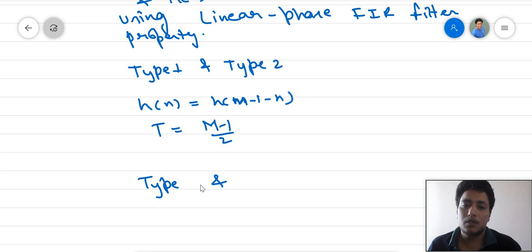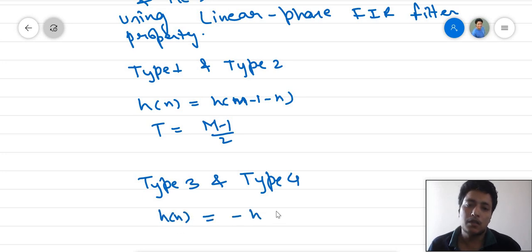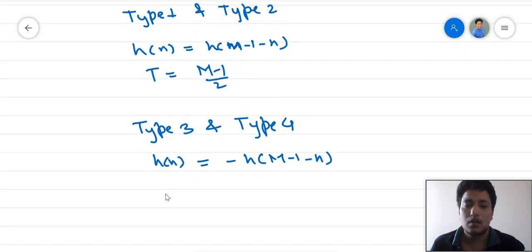Type 3 and type 4 will be h(n) equals minus h(M minus 1 minus n), and tau equals M minus 1 by 2.